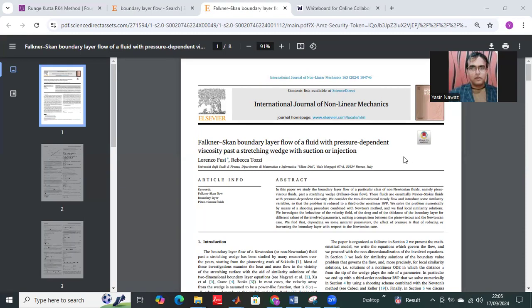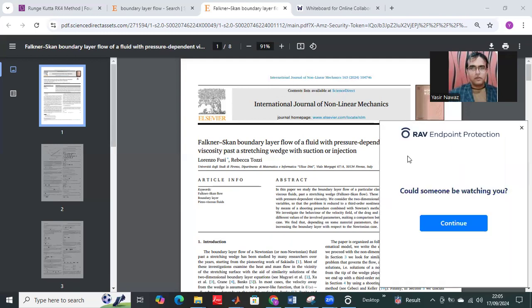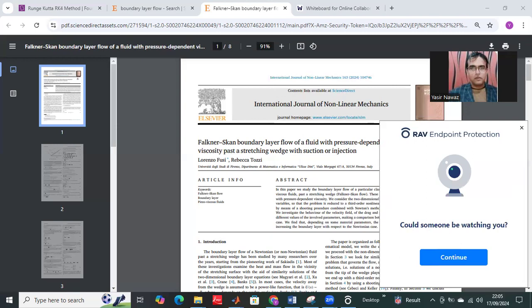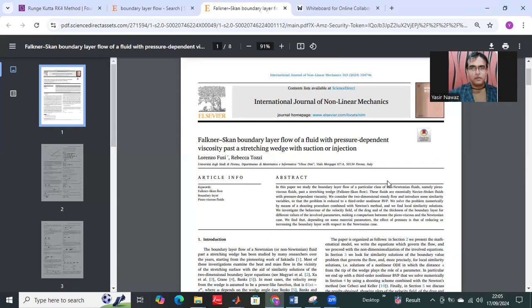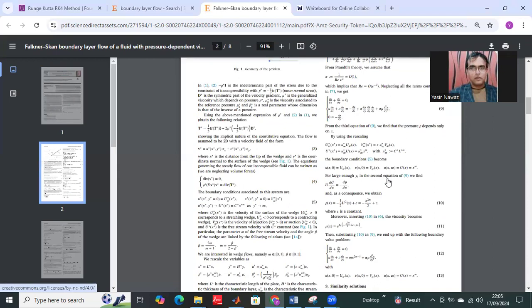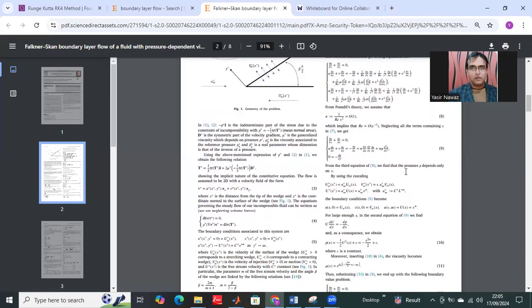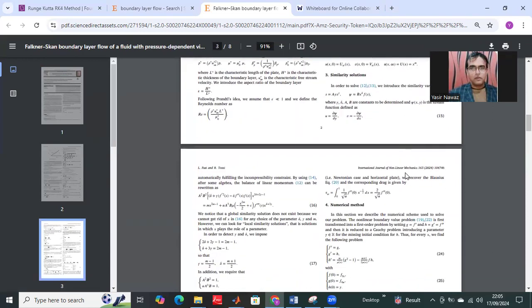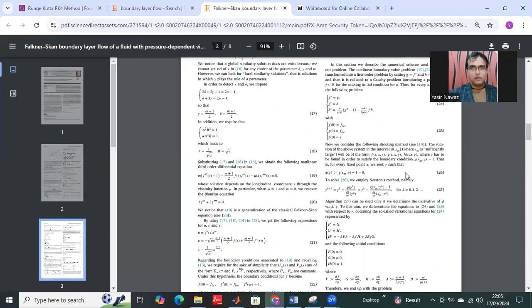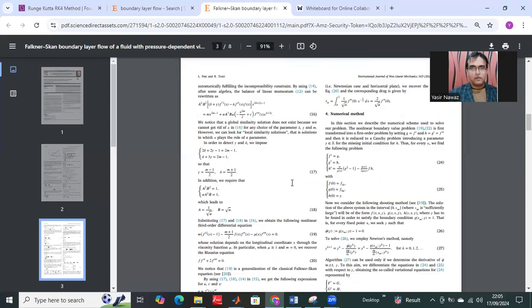This is a paper which is published in the International Journal of Numerical Nonlinear Mechanics. Here in this problem, these are the governing equations, the seven, and then using some approach, this problem reached this ordinary differential equation.